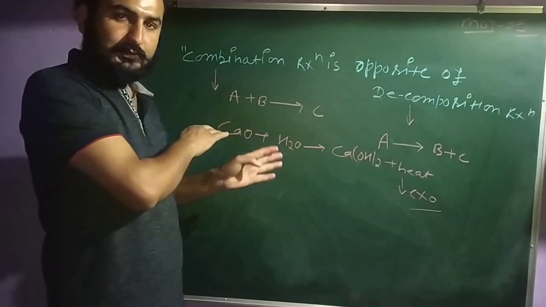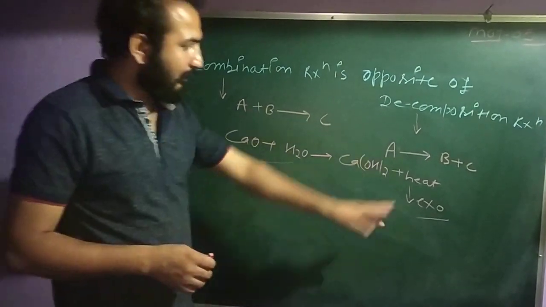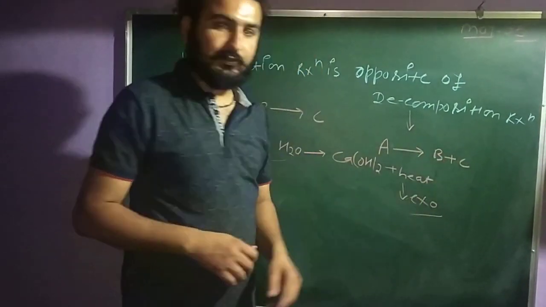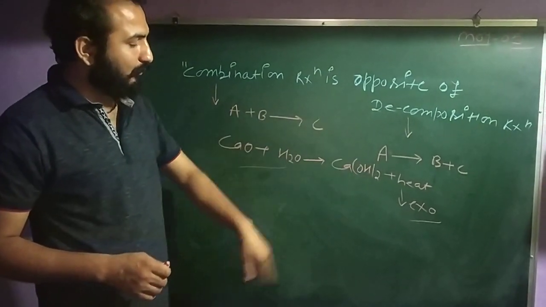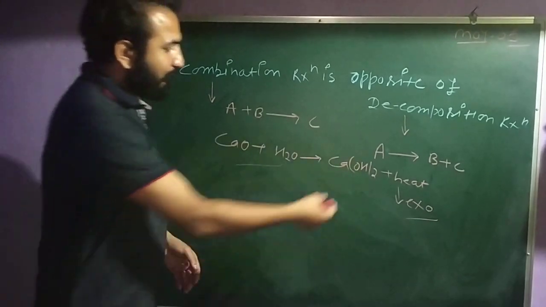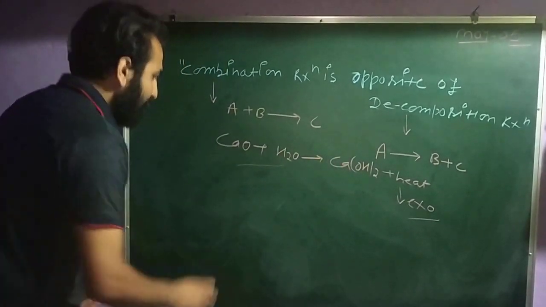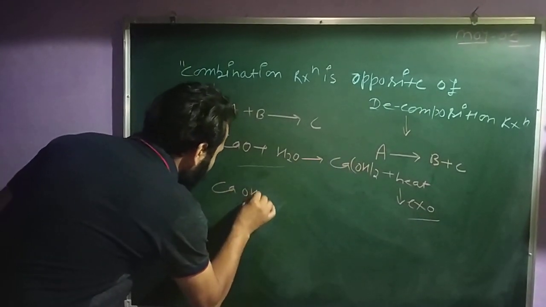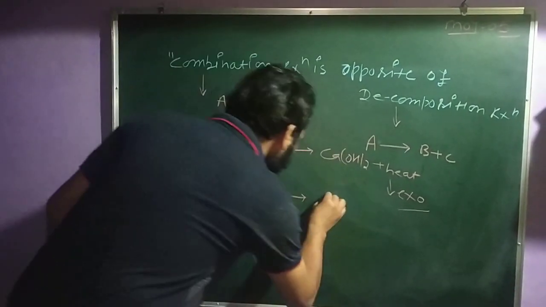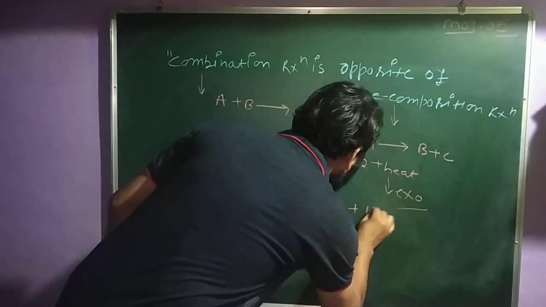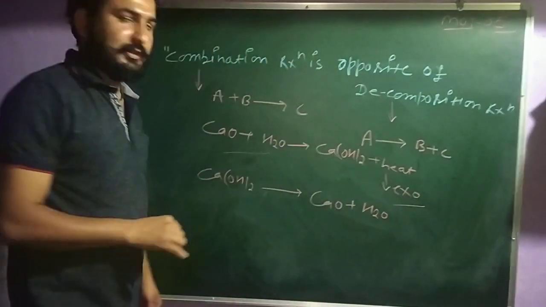Clear? That means the two and the one. Now I'm changing this reaction from forward to backward. That means now this is the reactant. For example, Ca(OH)2 breaks down into CaO plus H2O.